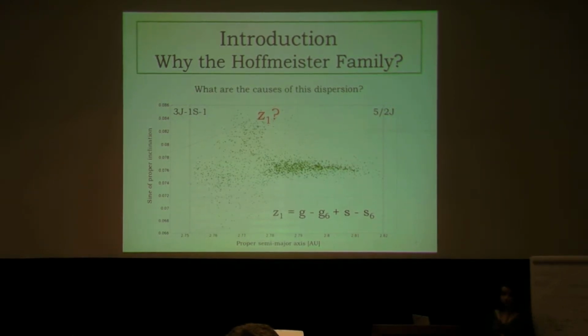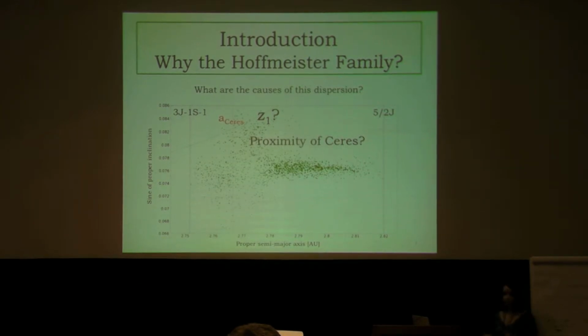And so we can postulate that this resonance should be the main perturber of the family in inclination. Also, we noticed the proximity of the family with the massive asteroid Ceres. As you can see, some members are sharing the same semi-major axis as Ceres. So it will be taken into account in this figure.